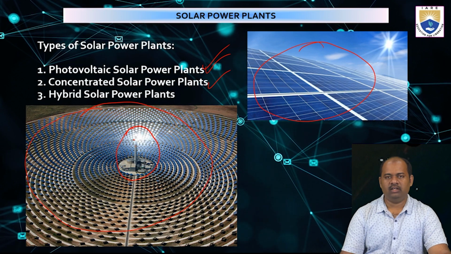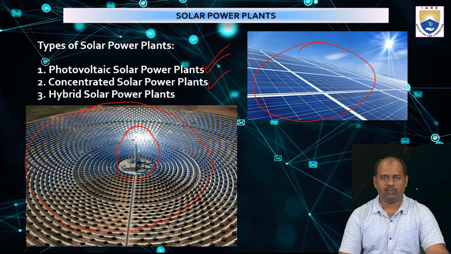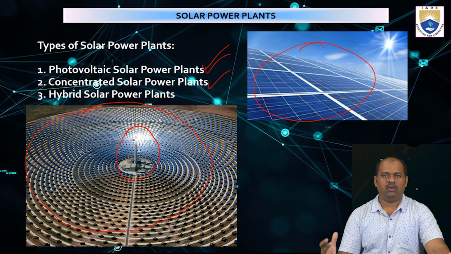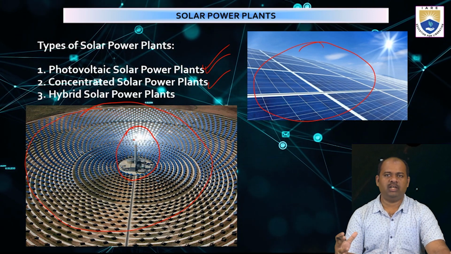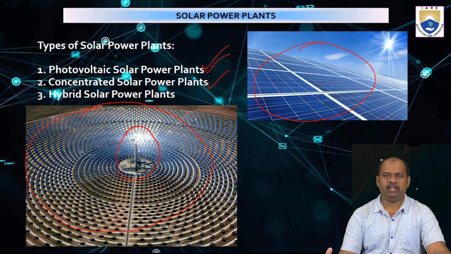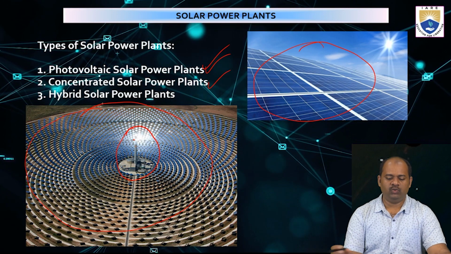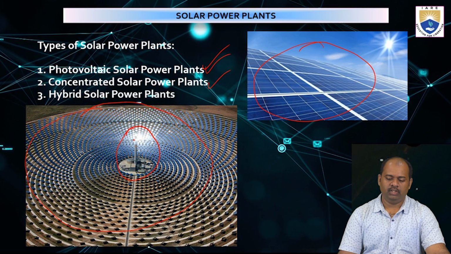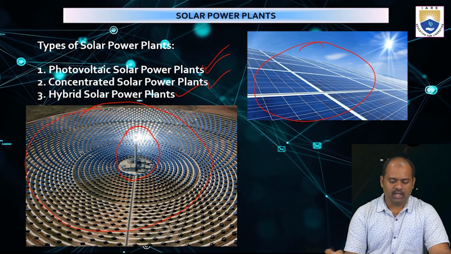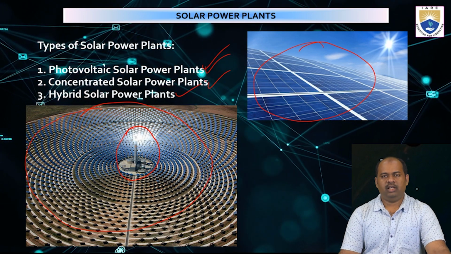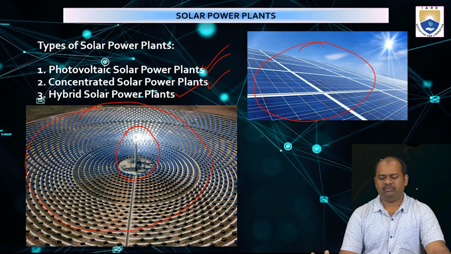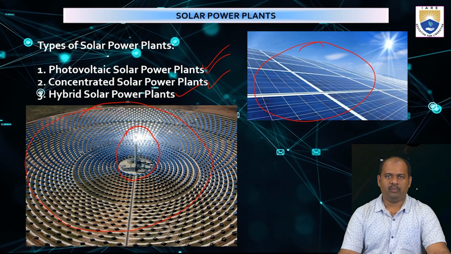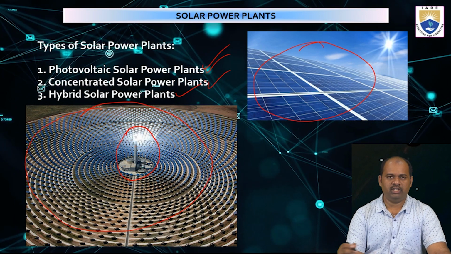This is called a concentrated solar power plant, because all the mirrors are used to concentrate the solar radiation into a single point where it can be converted into electricity. And the third type is hybrid solar power plants. A hybrid solar power plant is a combination of both photovoltaic and concentrated solar power plants, which we use together.